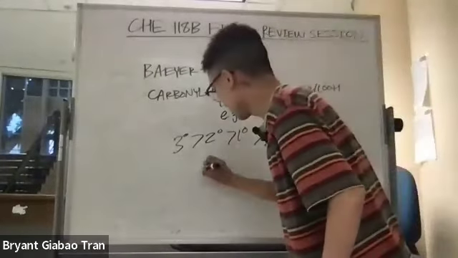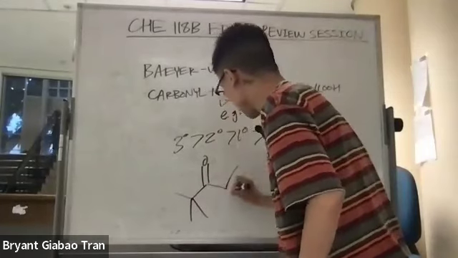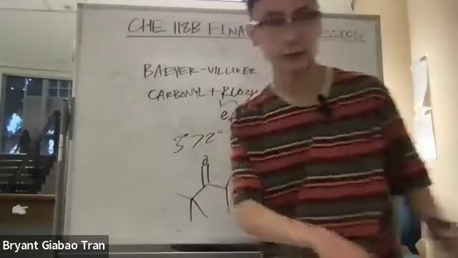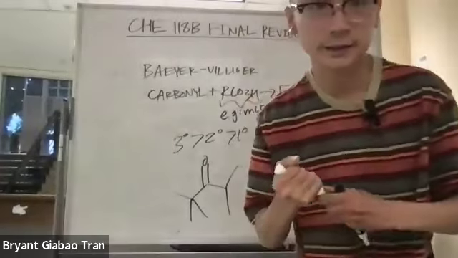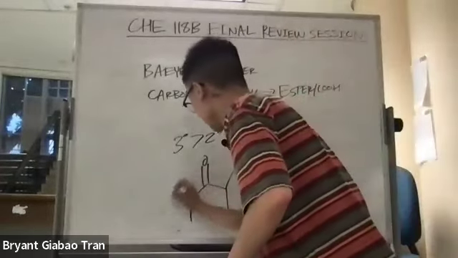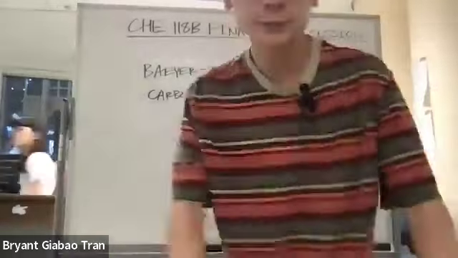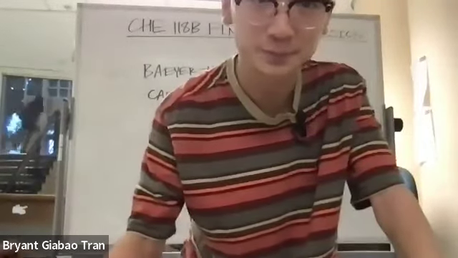Let's say, for an example, we have a carbonyl here, and then we have this R group and this R group here. This is the carbonyl carbon right here. What this reaction would do is insert an oxygen between the carbonyl carbon and the highest priority group.